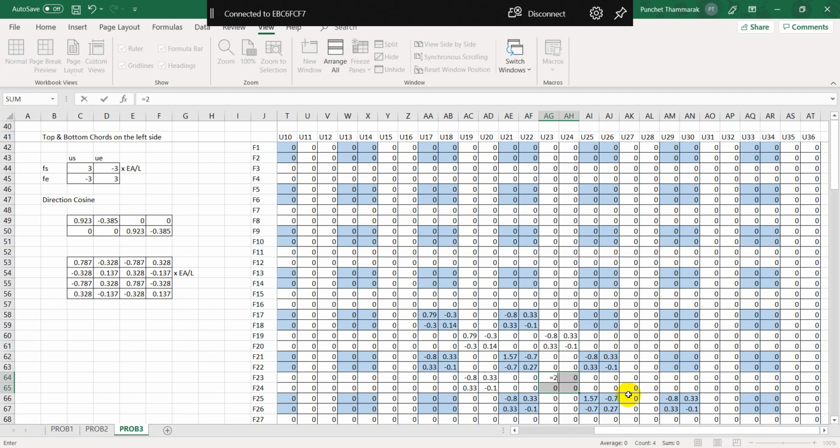This is equal to 2 times. I know that it's going to happen. This thing is going to double.